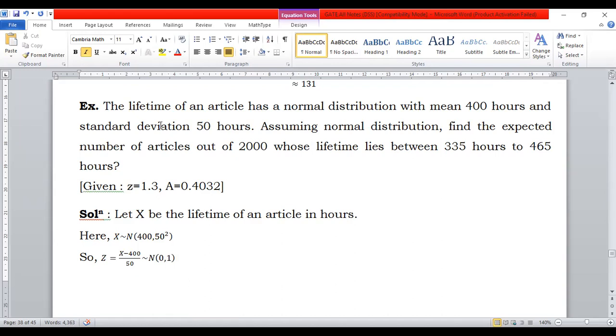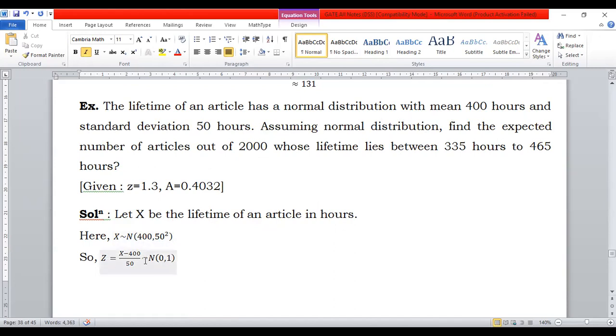Then the lifetime of an article has a normal distribution with mean 400 hours and standard deviation 50 hours. Assuming normal distribution, find the expected number of articles out of 2000 whose lifetime lies between 335 hours to 465 hours. Again, it is given. So X is the lifetime of an article in hours. X follows normal with 400 and 50 square.